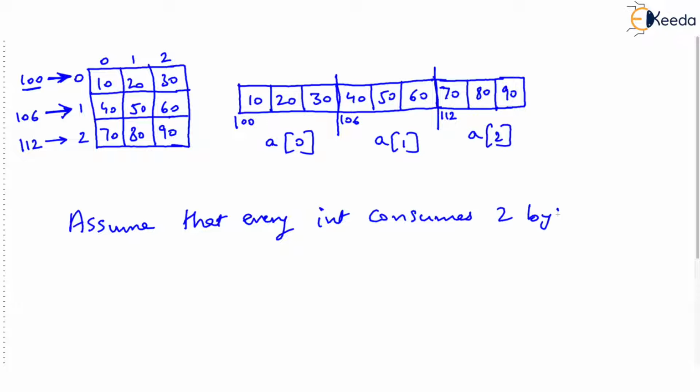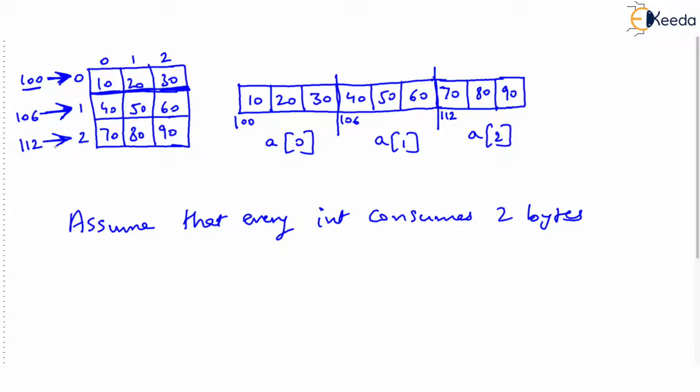So if this row starts at 100, then 100, 101 for 10, 102, 103 for 20, and 104, 105 for 30. So the next row will begin at 106, and similarly the last row begins at 112.